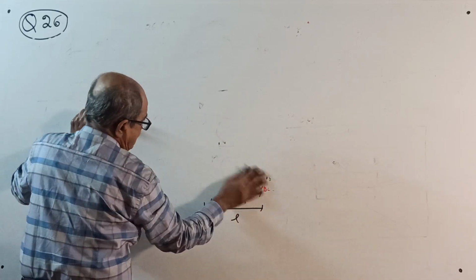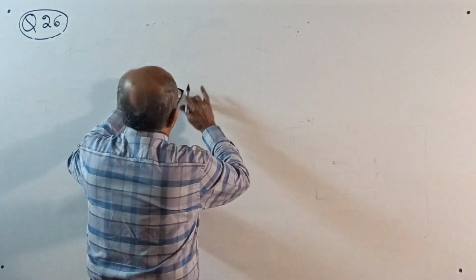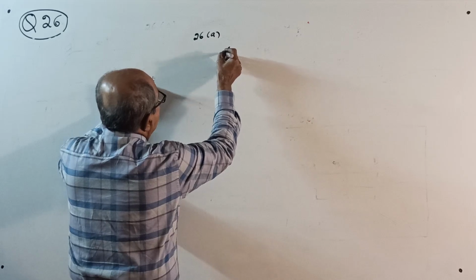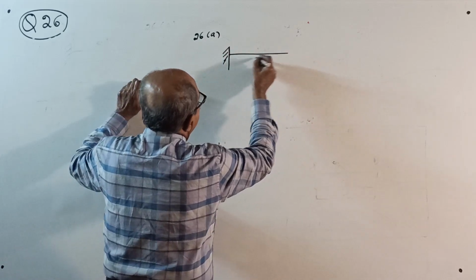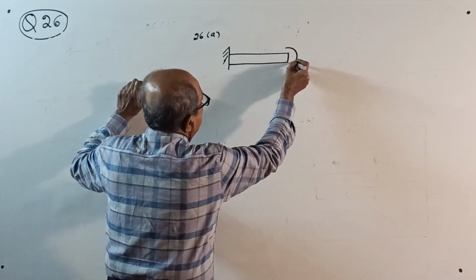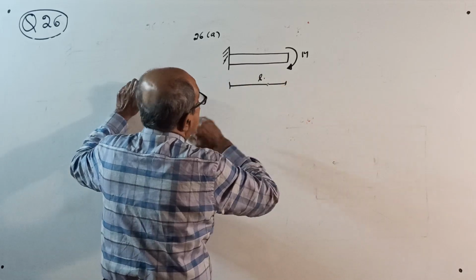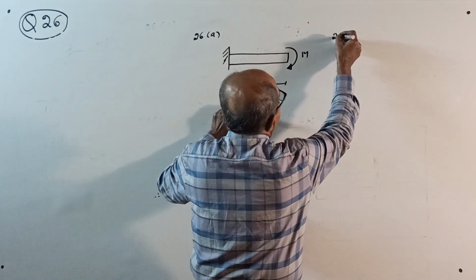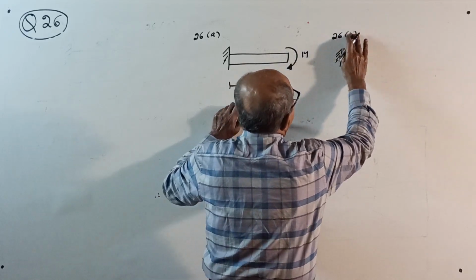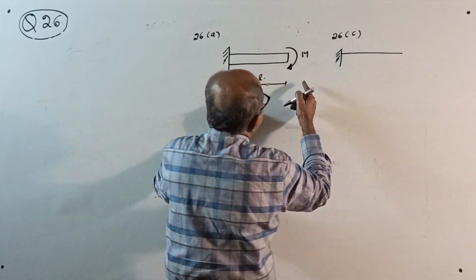Make a note. Just one example: our 26A was a cantilever with a clockwise couple M at the free end, span L. 26C is anti-clockwise.